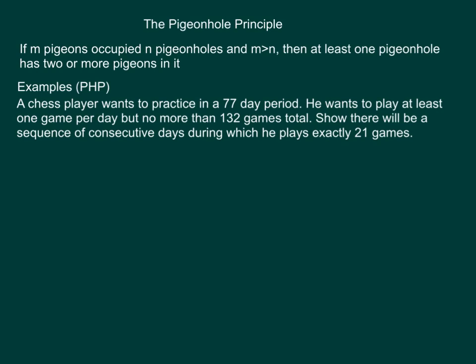So just a word on what this problem means. It means that there's going to be a sequence of days. Maybe it's day 3, day 4, and day 5. During these 3 days, the days have to be consecutive, he plays exactly 21 games.